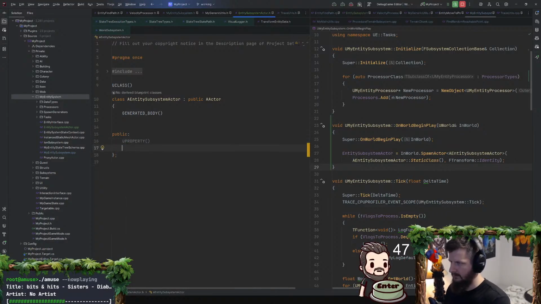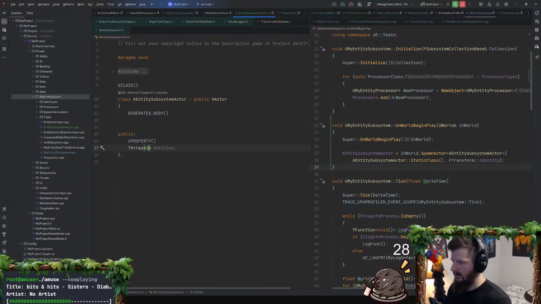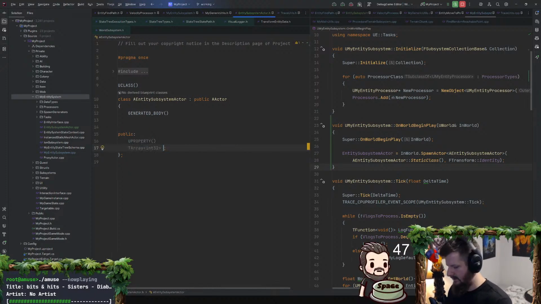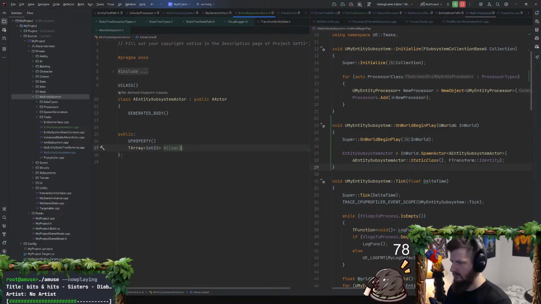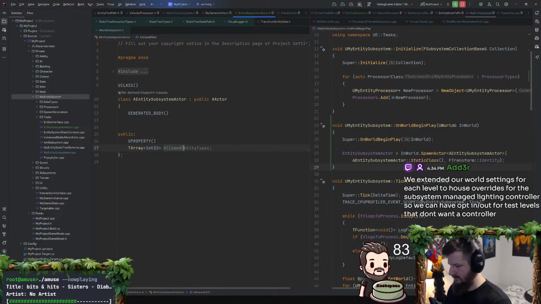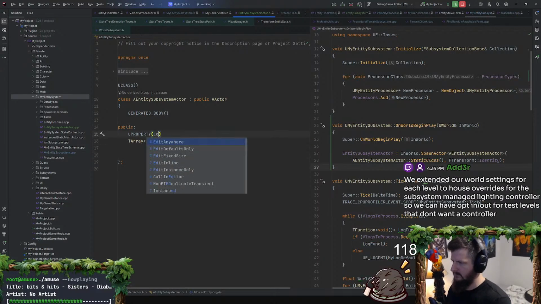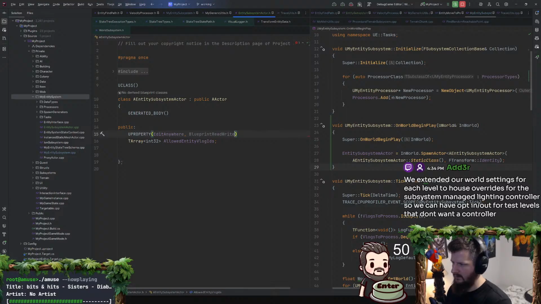New property. The array of, I guess I'll just do int for the ID. Allowed entity vlog IDs. Edit anywhere. Might as well just make it blueprint read only.